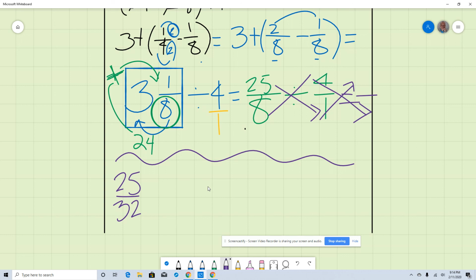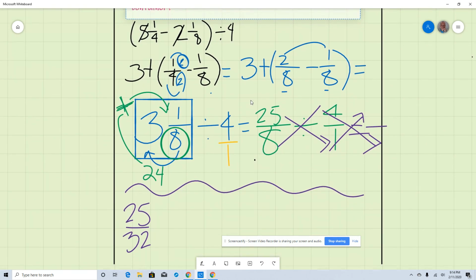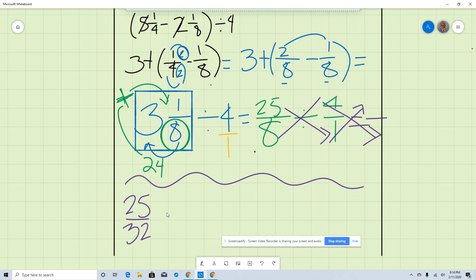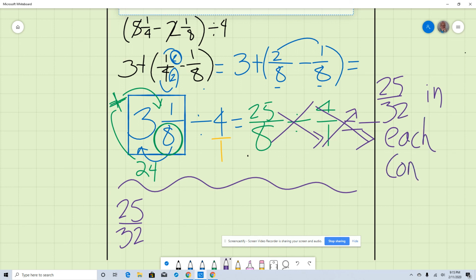No. I believe that's the answer. That's the answer for this division. So there will be 25/32 in each container.